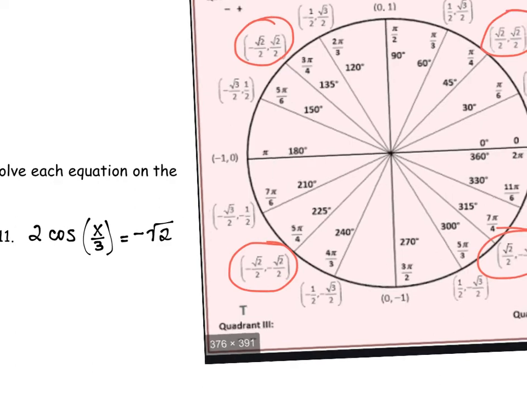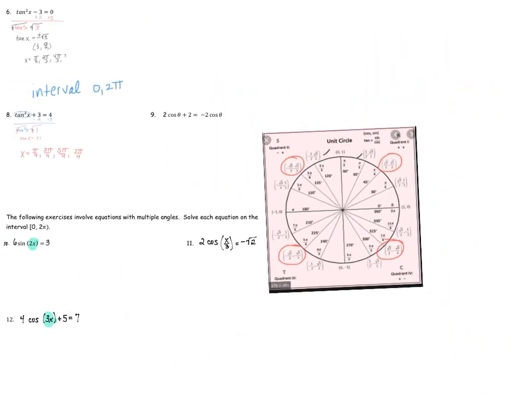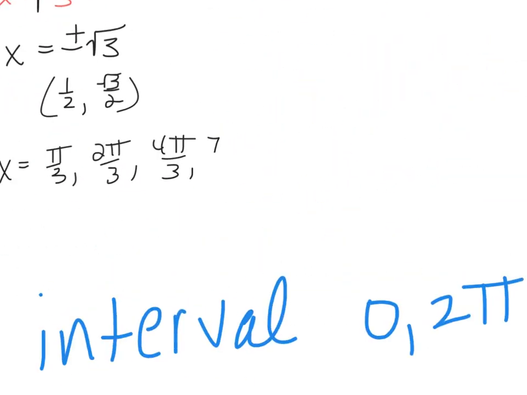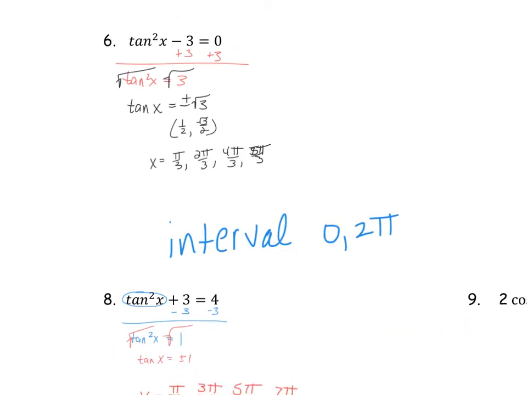So it's here, here. Yeah, 5 pi over 3. It's okay. That's why we stopped to look. You with me? We good?